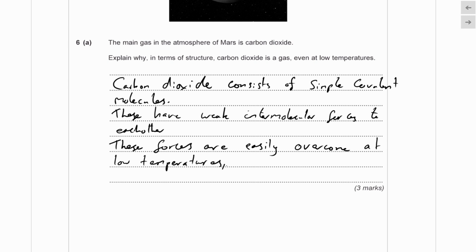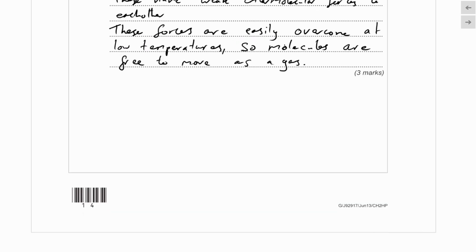I'll make that a comma. So molecules can easily move as a gas. Or I'll say they are free to move as a gas at those low temperatures. Alright, and that is the 3 marks.